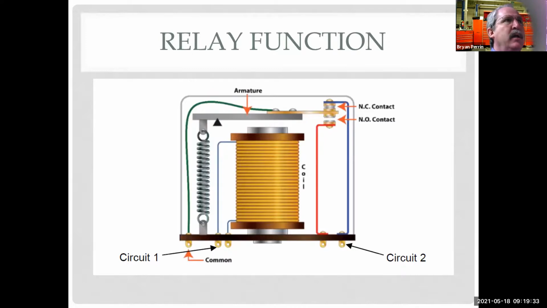Say I have a car that I want to shift between a normal operation and a special operation. I might use a relay to switch those functions. I could use this in combination with a dimmer switch, for example. Maybe this is my normal low beam, and we energize this relay when I want high beam, and then pull this down, and then high beam comes out here, but low beam stays over here.